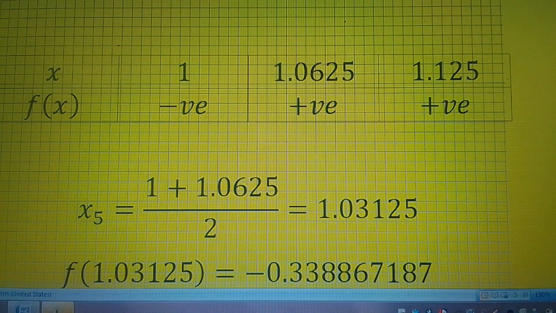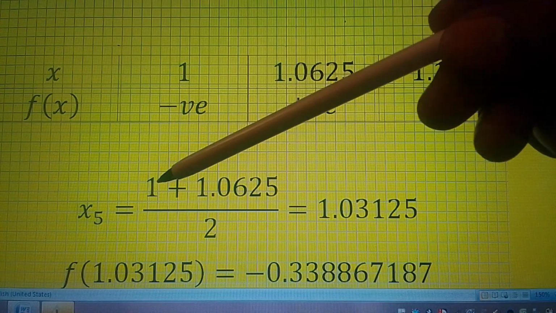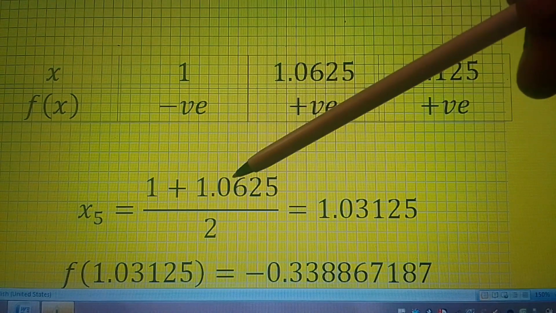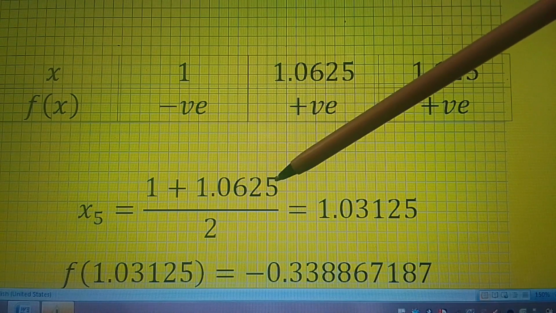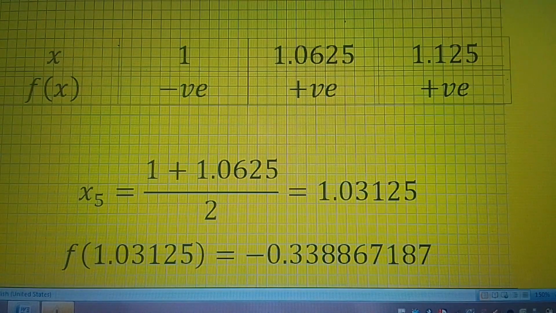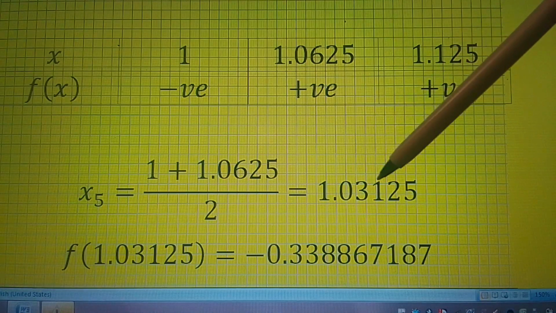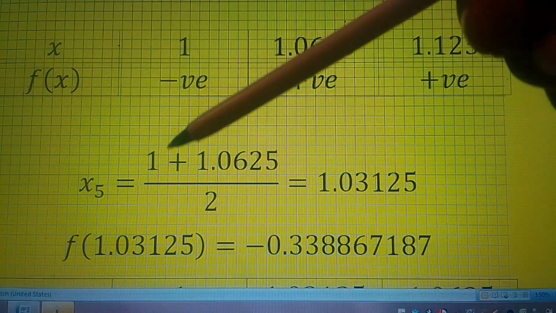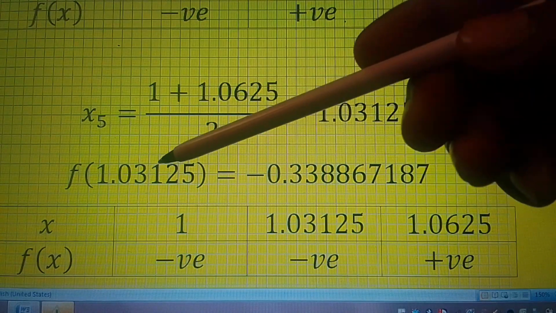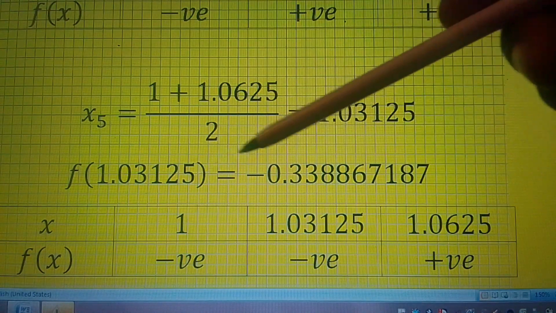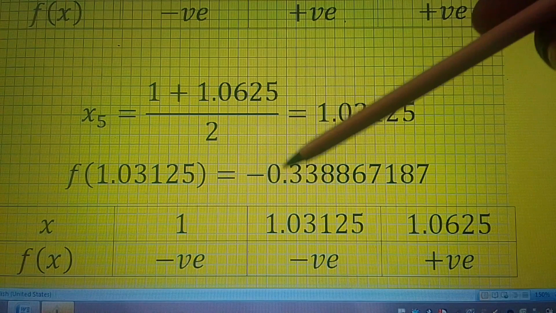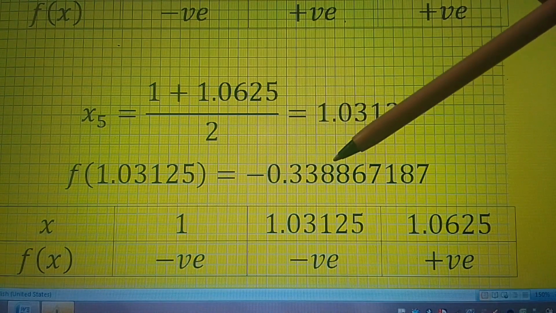For x5, we pick 1 plus 1.0625 divided by 2, which gives us 1.03125. f of 1.03125 is negative 0.3388.